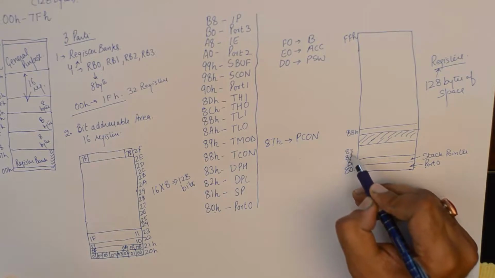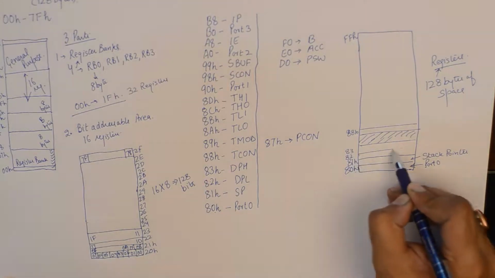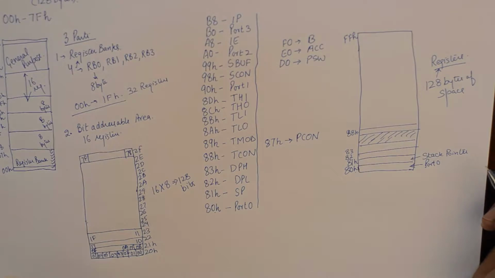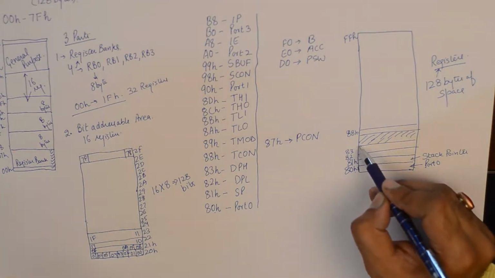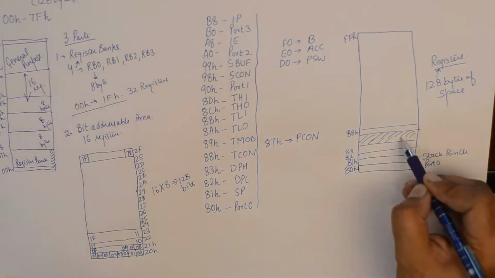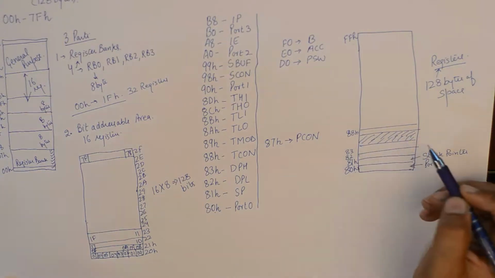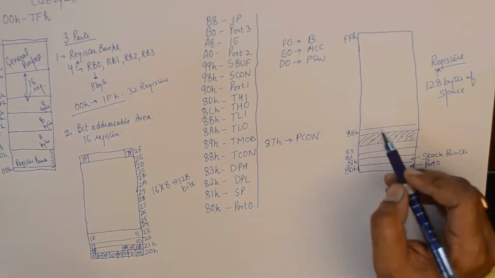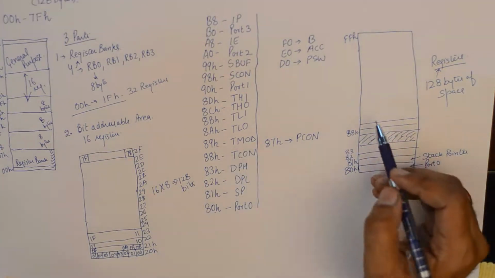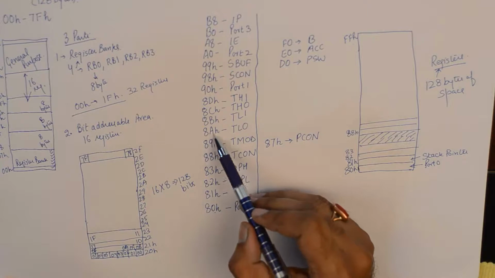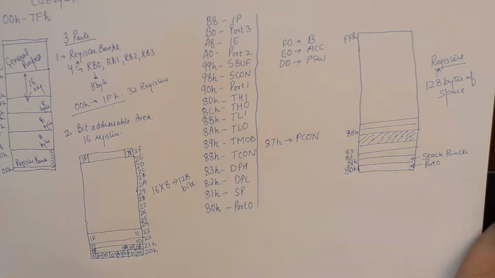If we have something of this sort, it is easier to understand. So you know that this space is of no use to us. So 88H, then we have 89, which is again a special function register, then 8A, 8B, 8C, 8D.